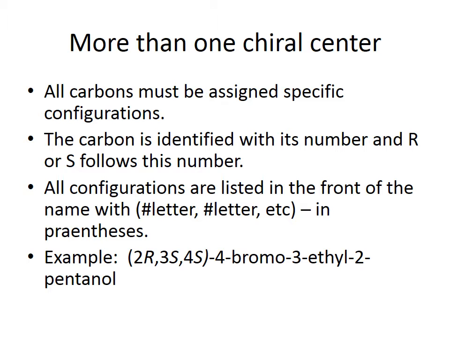Here's an example. This compound has three chiral carbons. So the number 2, 3, and 4 carbons are chiral. So we have to say 2R, 3S, 4S, or whatever it is that we figure out for that compound. And so each chiral atom is specifically identified.